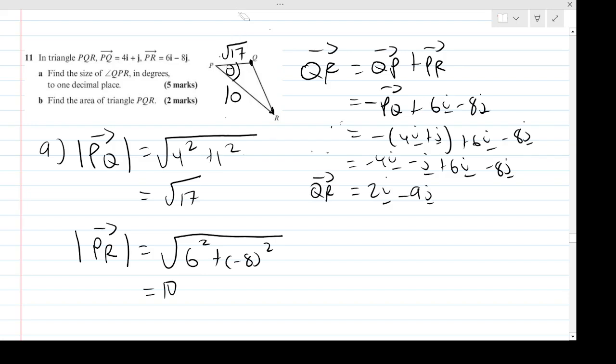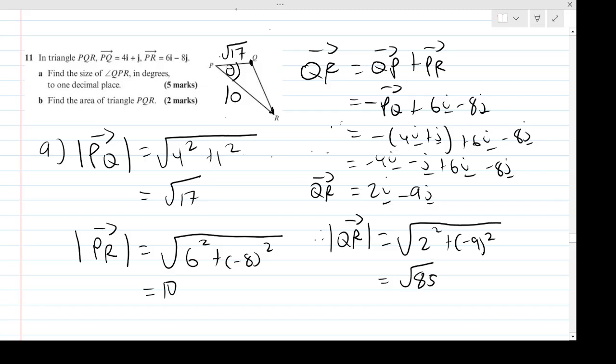To find the length of that vector, the length of the side QR, that's the magnitude of QR. It's the square root of the two parts all squared, so 2 squared add minus 9 all squared. If I do that, I get root 85.